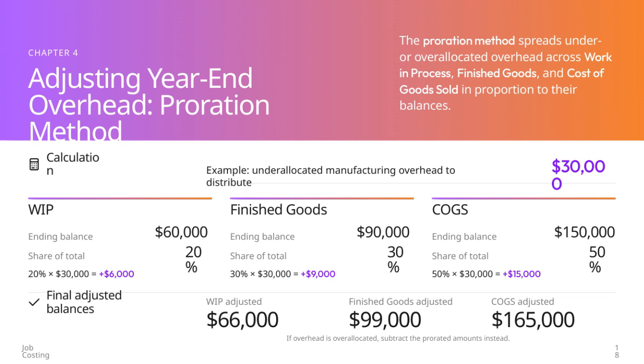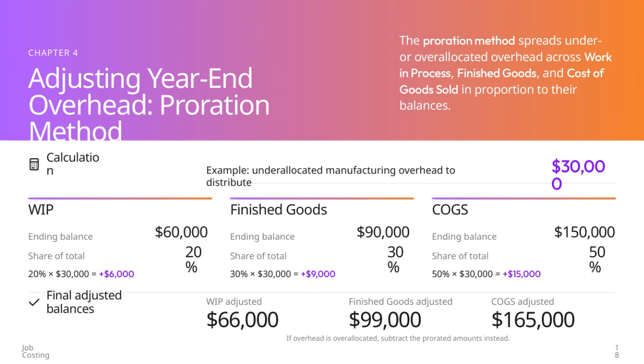For finished goods, 30% results in $9,000, and for COGS, 50% results in $15,000. After adding these amounts, the adjusted balances become $66,000 for WIP, $99,000 for finished goods, and $165,000 for COGS.